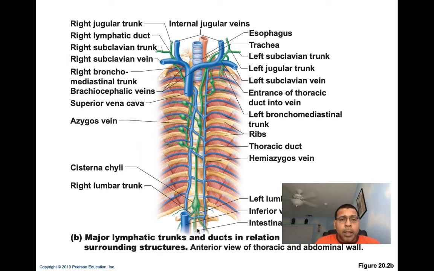Here you can appreciate that right lymphatic duct right in here. So it drains lymph from the right upper limb, the right head and neck region, head, thorax, neck, and basically the right side of the body, right in this area. So from head, neck, upper limb, and thorax.